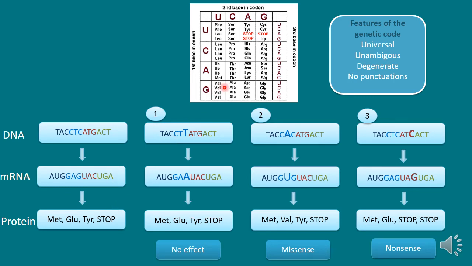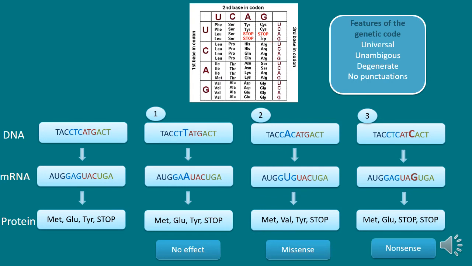According to the genetic code, the codon AUG will be calling for the amino acid methionine, and the second codon GAG will be calling for glutamate, and the third codon UAC will be calling for the amino acid tyrosine, and the fourth codon UGA will not call for any amino acid.